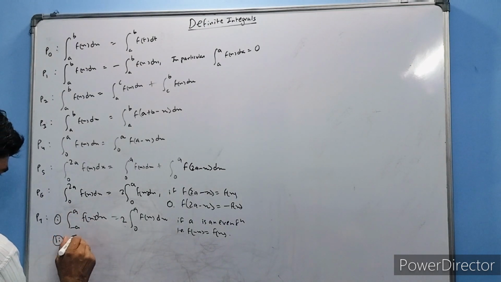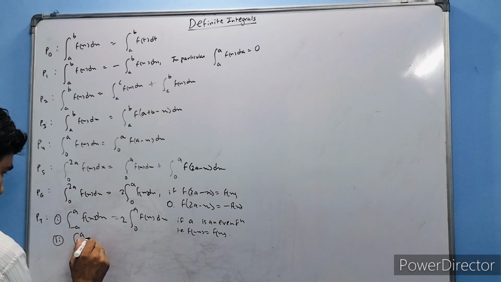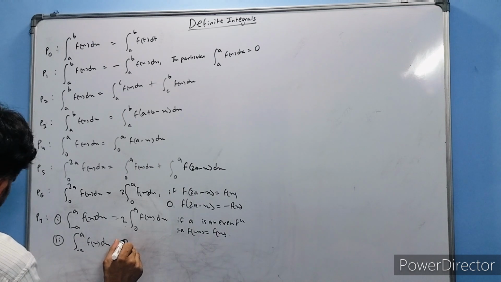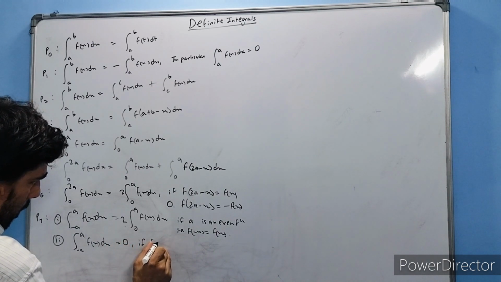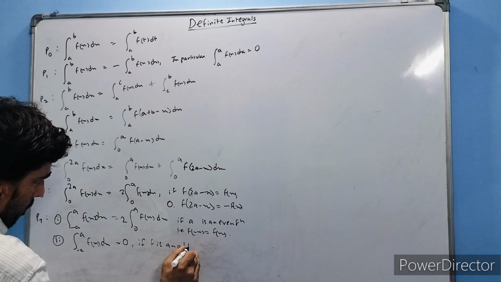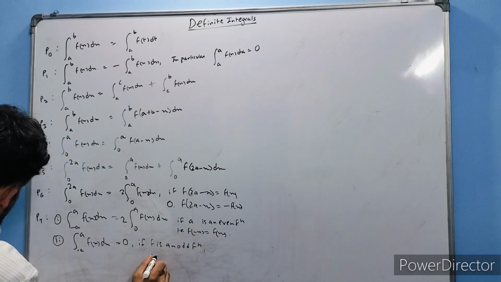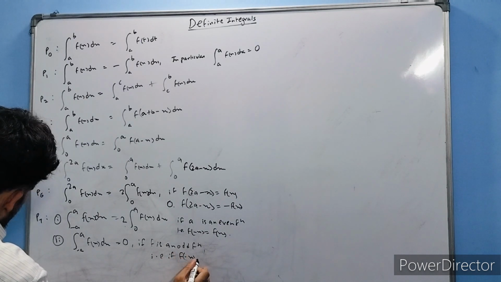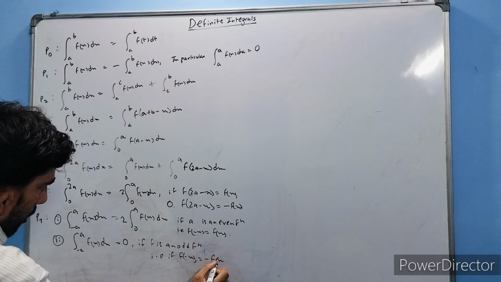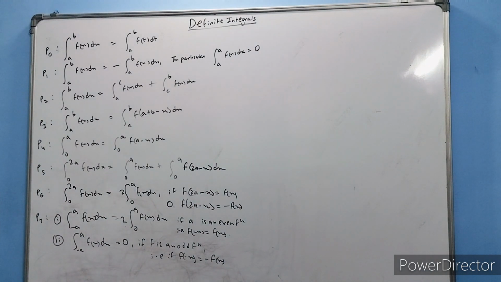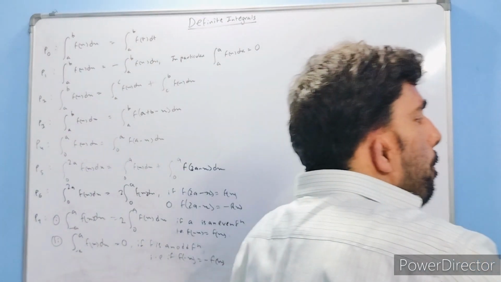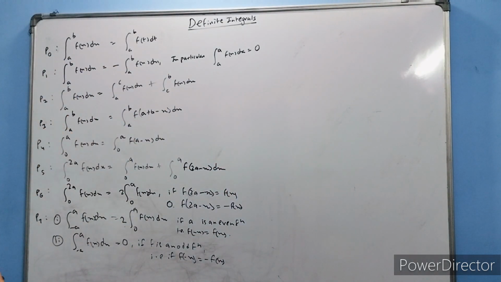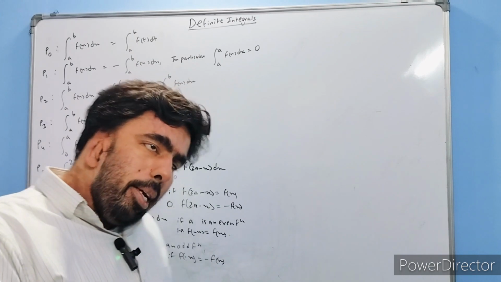Now in the second case we have the integral from minus a to a of f(x) dx is equal to 0 if f is an odd function, that is, if f of minus x is equal to minus f(x). Okay, so these are the 7 properties on which we'll solve the numericals for definite integrals.